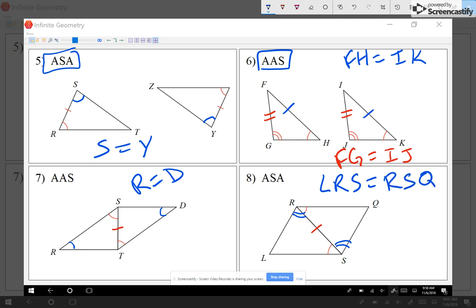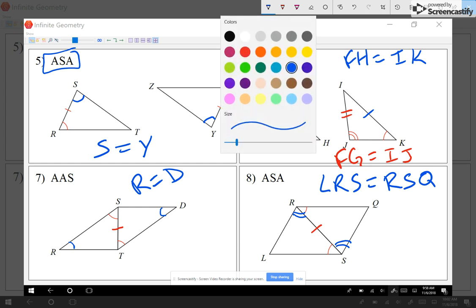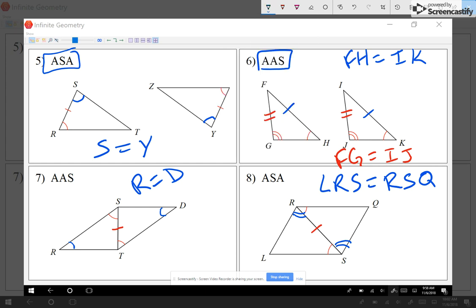Make sure S is in the middle, because S is the vertex. If you were to say RQS, I'm going to do it in green, RQS, Q is in the center. You're talking about this angle. So RSQ is the angle that we need. All right. Any questions?